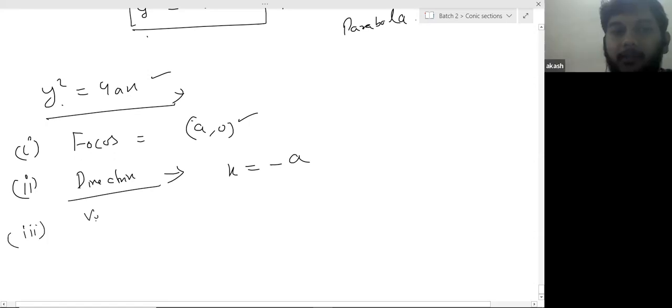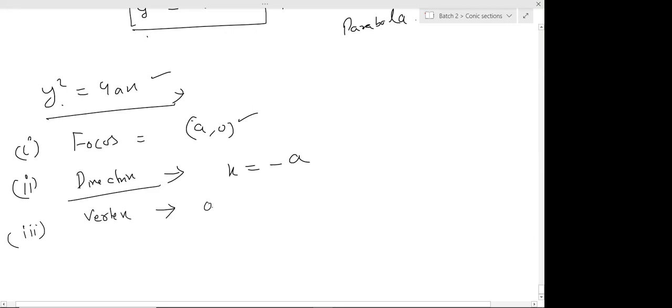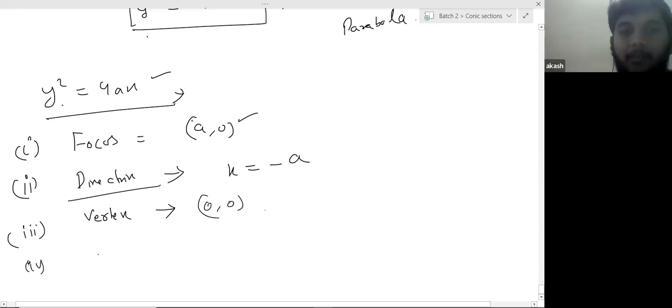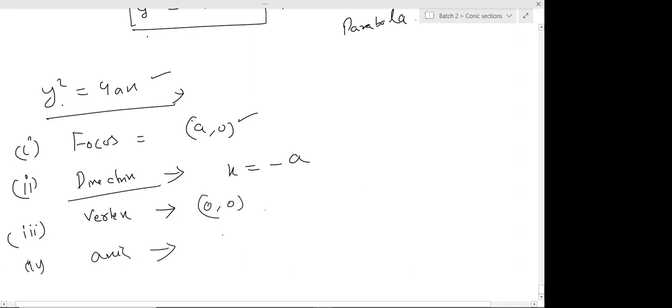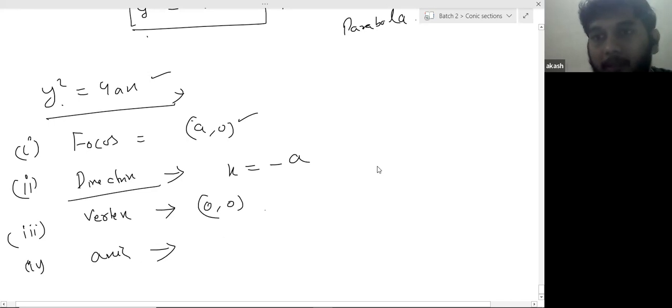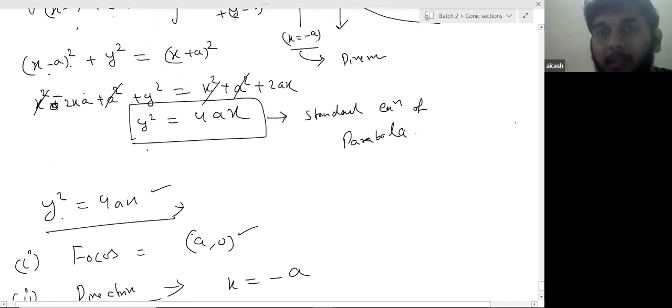What is the vertex? 0 comma 0. What is the axis? Axis is the line.